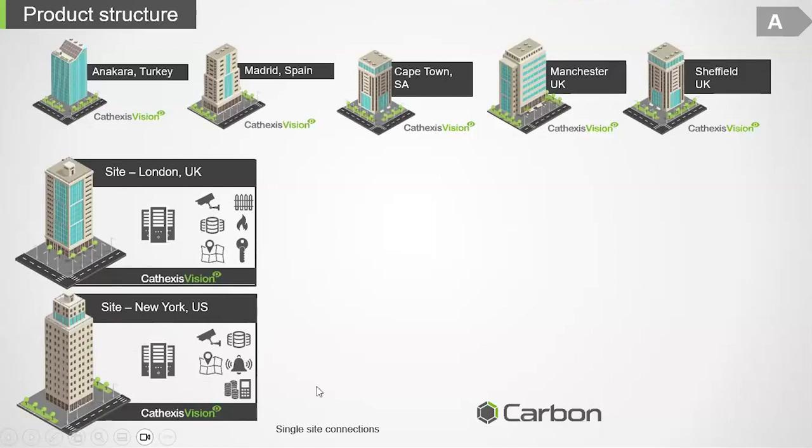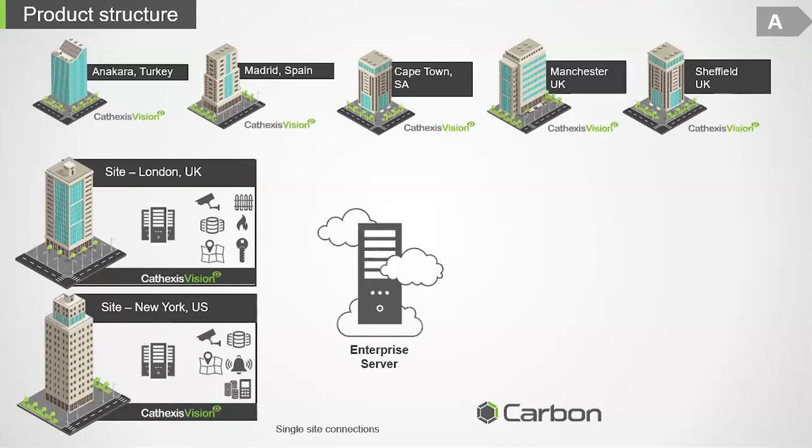To that, we've spoken about the CATHEXISVision client that can monitor sites and cameras and all these resources. We've spoken about CATHEXISVision Carbon. We can also add control room functionality through the use of our CATHEXISVision Alarm Management Gateway. After the Alarm Management Gateway, we can also introduce higher levels of management.